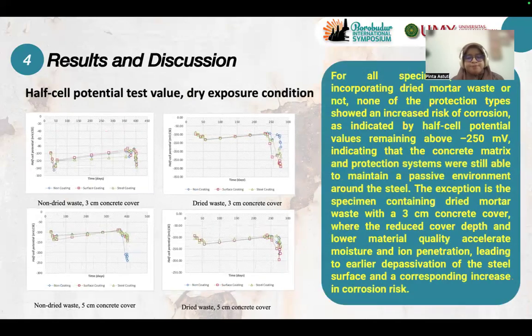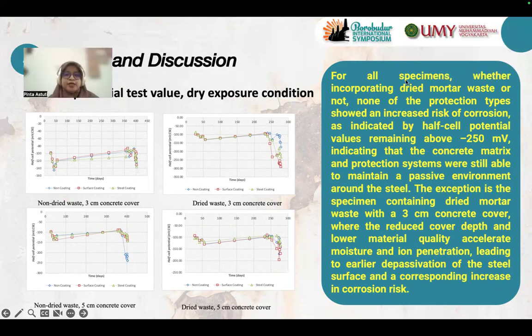And then about the three types of exposure conditions. The first is the dry exposure condition. For all specimens, whether containing dried mortar waste or not, none of the protection types showed an increased risk of corrosion. As indicated, the half-cell potential values remain above minus 250 millivolts, indicating that the concrete matrix and protection system were still able to maintain the passive environment around the steel.